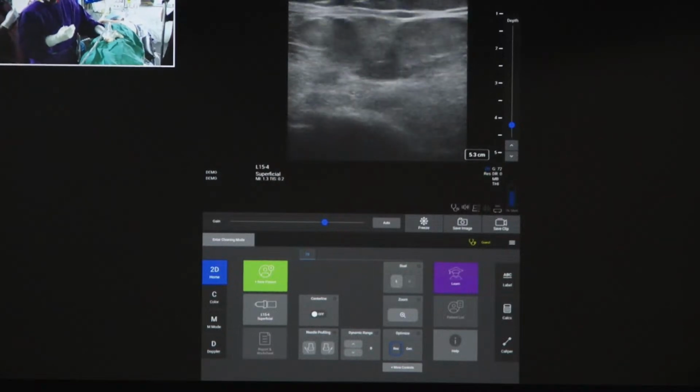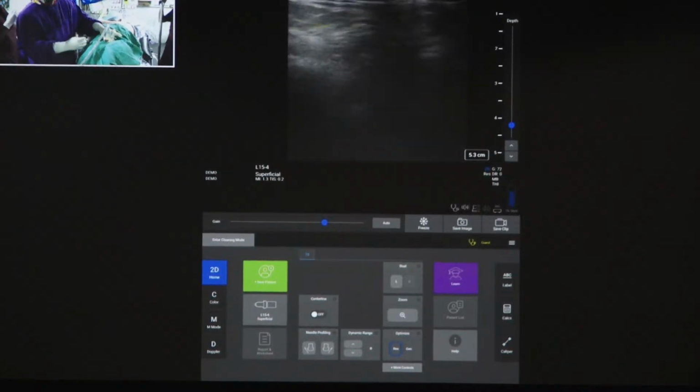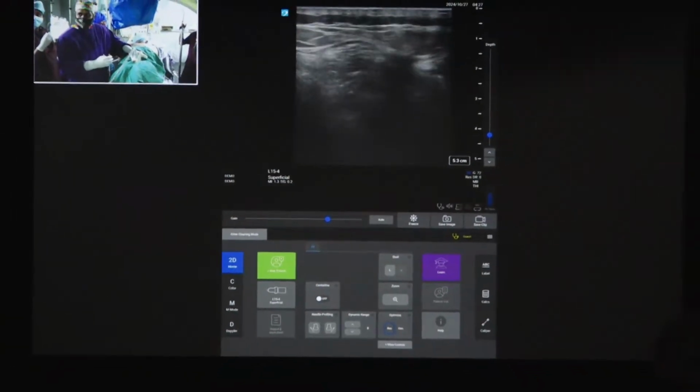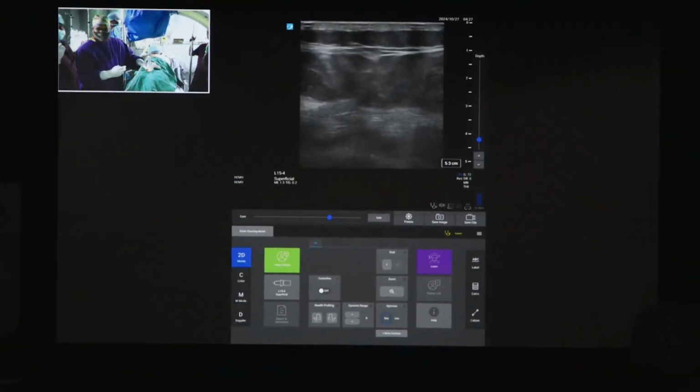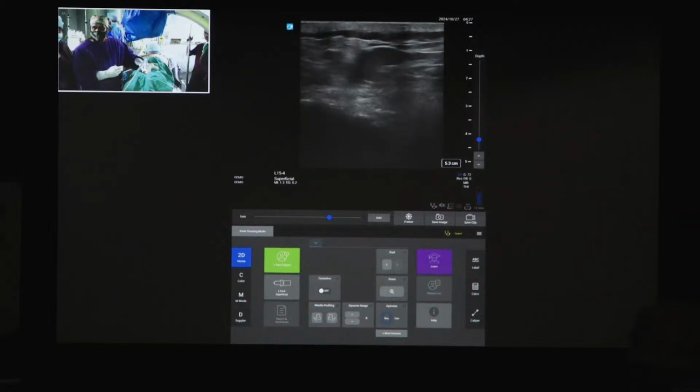First, we start with scanning of the S1. And slowly we will go down till we see the sacral hiatus.